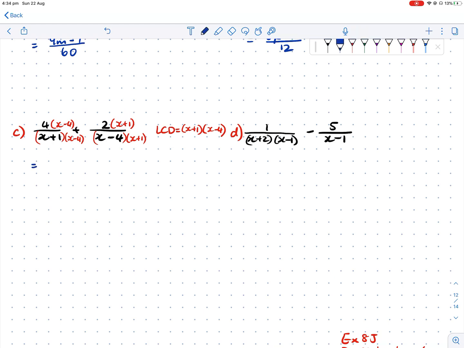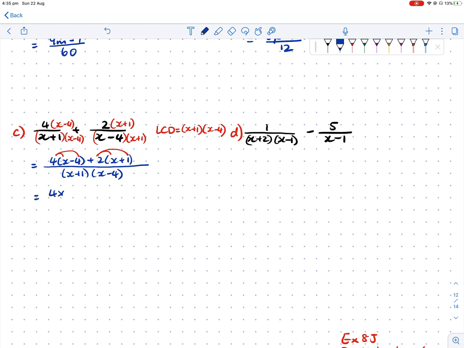So then when we go to write this out, we're going to have one big fraction. And in the denominator, it's x plus 1, x minus 4. And then in the numerator, we have 4 bracket x minus 4 plus 2 bracket x plus 1. Again, from there, we're going to expand each of those brackets.